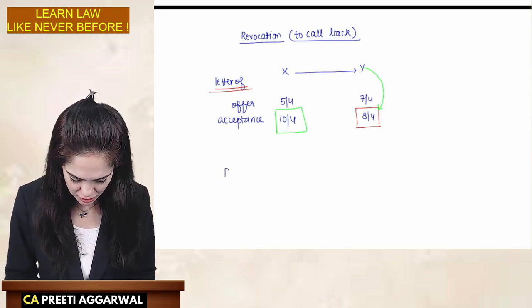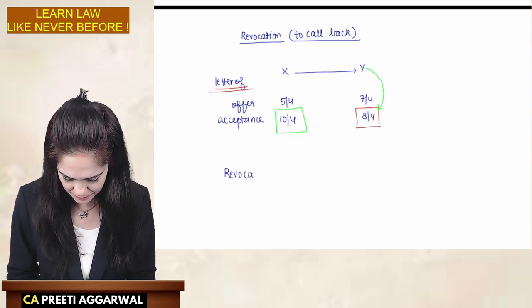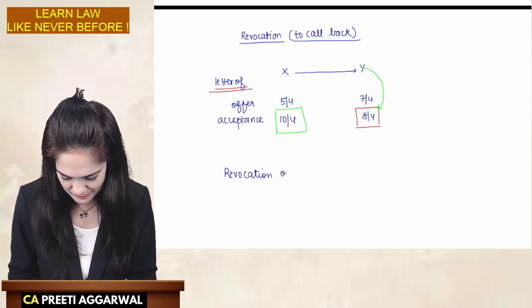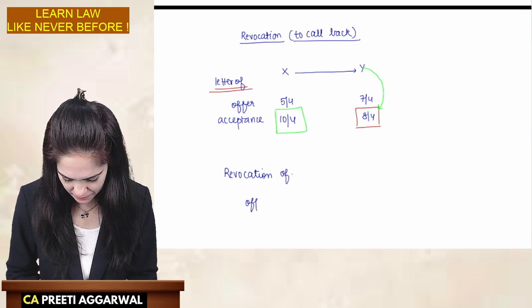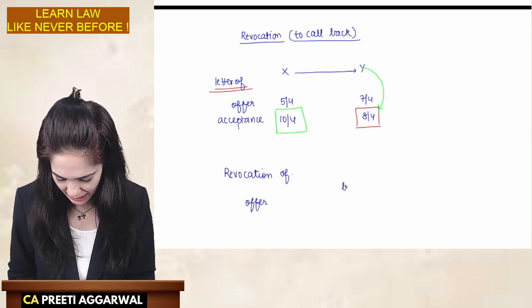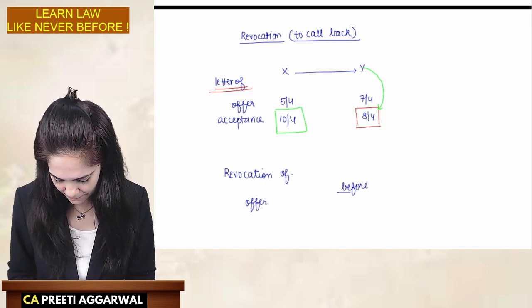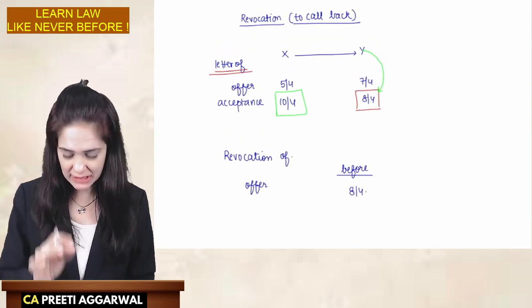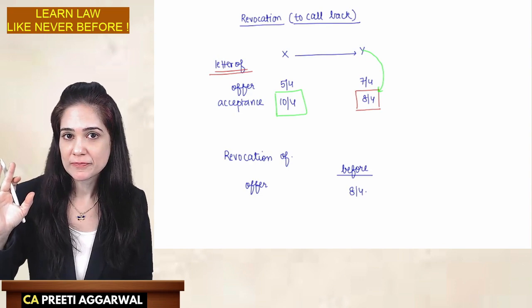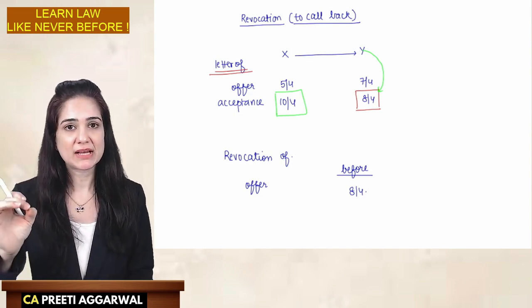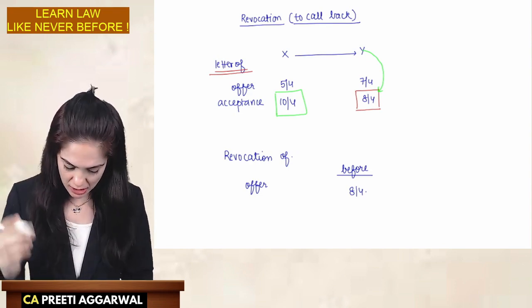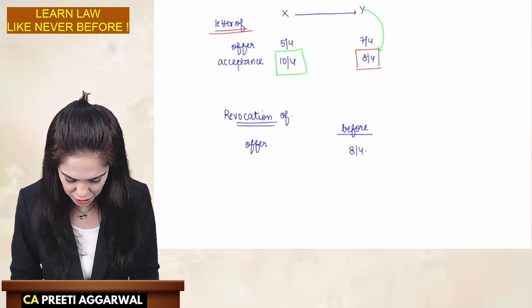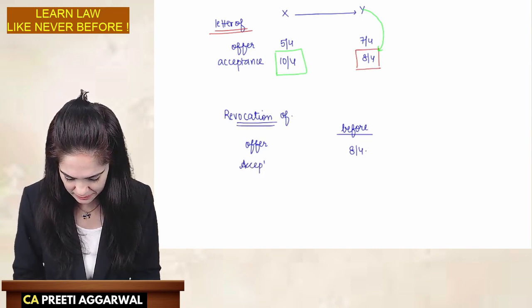So revocation of offer. It can happen anytime before 8th. That is anytime before X is bound by the offer. Anytime before a contract is made for X. Okay, let's discuss revocation of acceptance.